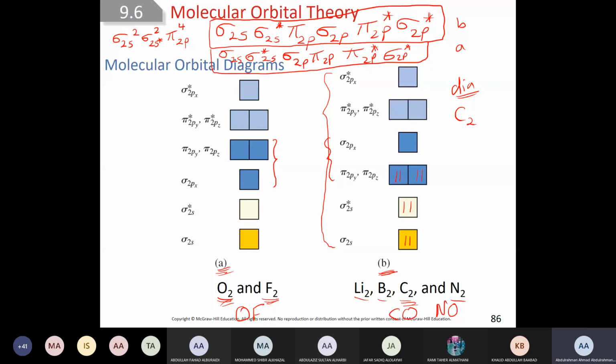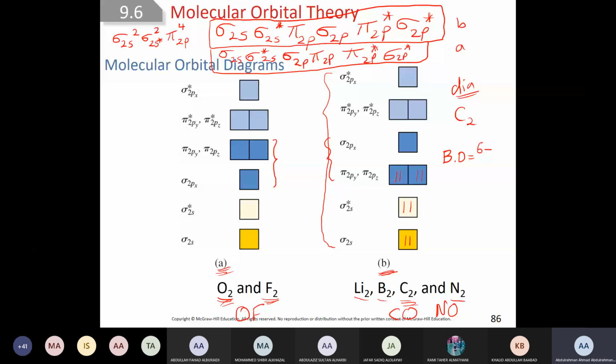Very good. Next, what's the bond order? It's bonding minus anti-bonding.